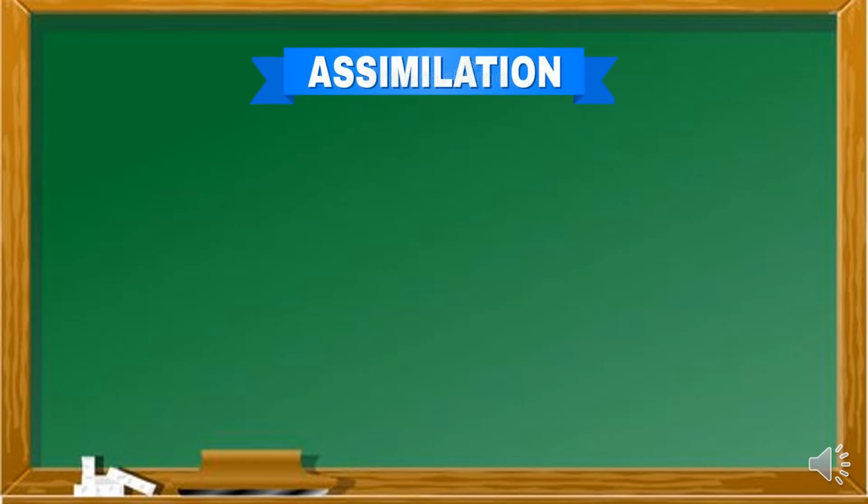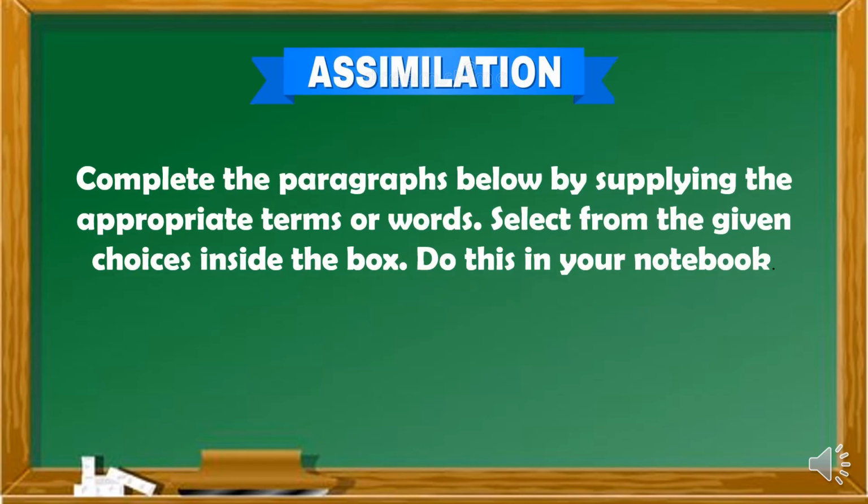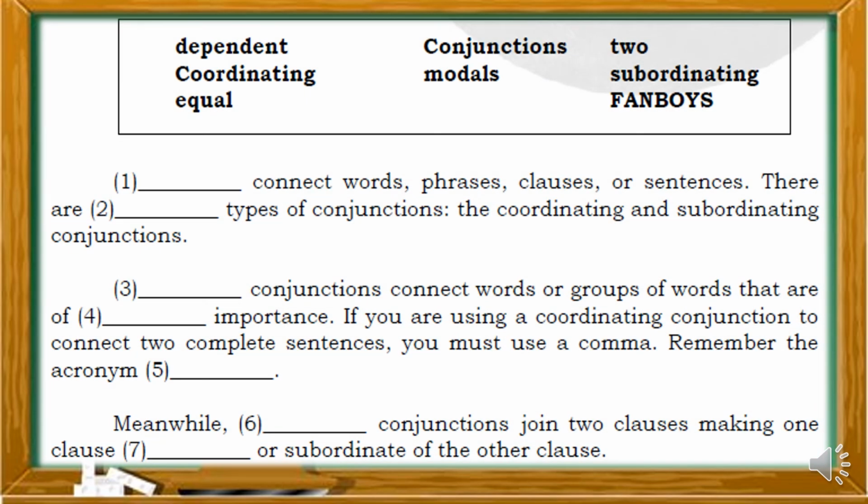Okay, this time we have the assimilation. Complete the paragraphs below by supplying the appropriate terms or words. Select from the given choices inside the box. Okay, and here are the exercises. Blank connect words, phrases, clauses, or sentences. These are blank type of conjunctions, the coordinating and subordinating conjunctions.